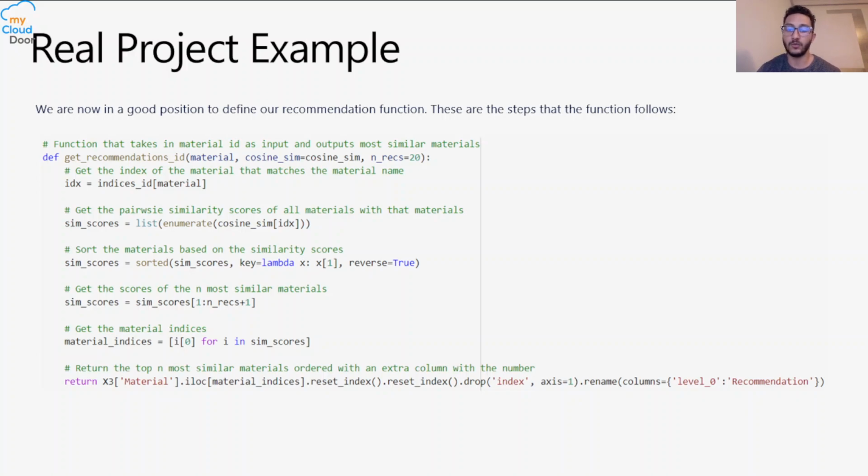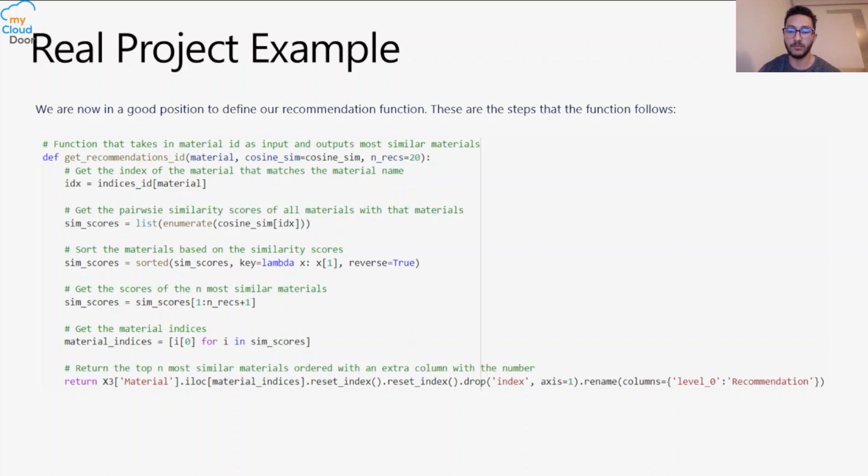After we sort it, we get only the top 20. So we will eliminate the rest, which will be like 380 items. We'll eliminate 380 items, and we will keep 20. And by the way, we ignore the first item that has the highest similarity score because it will be the same item itself, basically the same book itself.